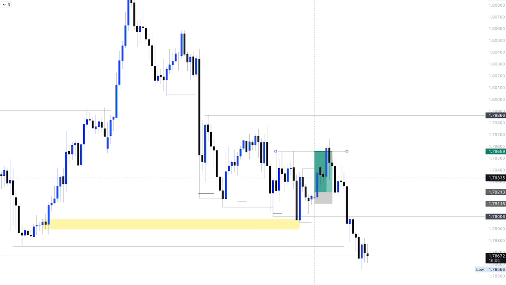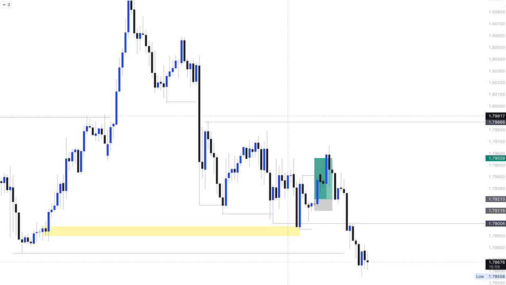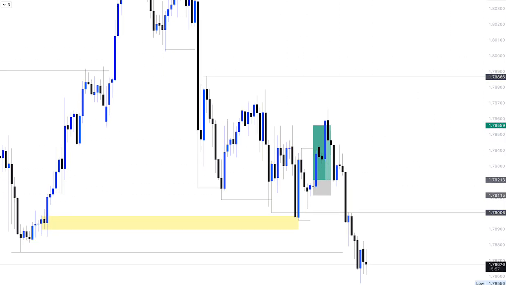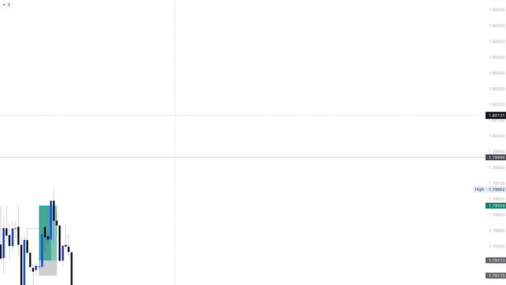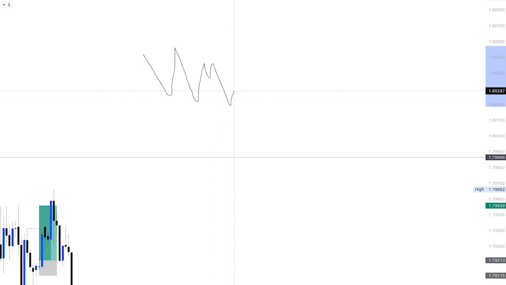So now I'm going to explain the concept I used to enter this trade. When I see something like this, a sweep, let's say price is coming from the upside, we have something like this, and this sharp movement rejects back up, and this sharp movement rejects back up, and then this sharp movement rejects back up.